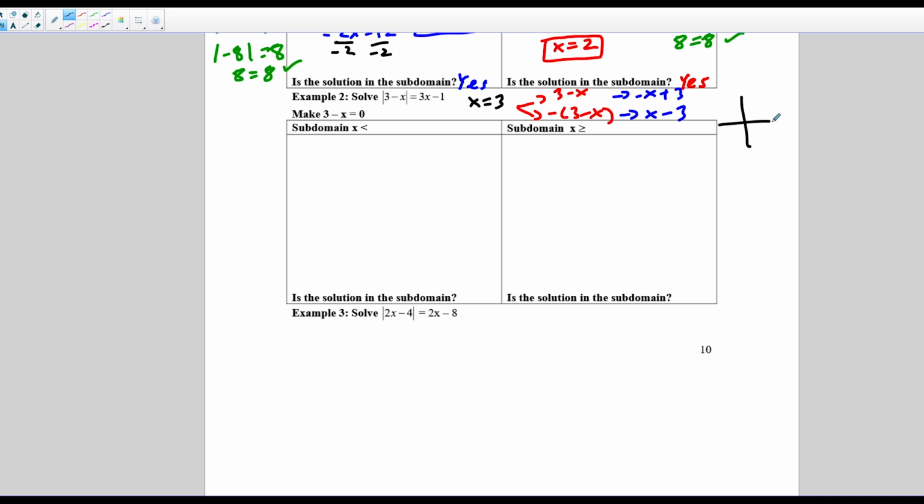So here, if I were to quickly sketch out my graph, -x plus 3 means that we're going to have a y-intercept of +3. So y-intercept of +3 is going to be up here. And then it's going to have a slope of -1. So it's going to look something like this with an x-intercept of 3. So this point right there is 3. Maybe I'll do that in green.